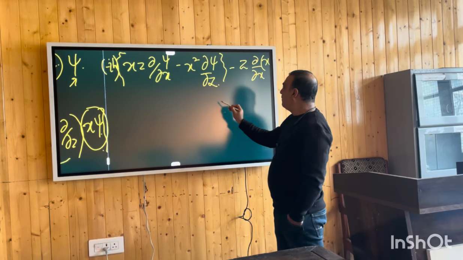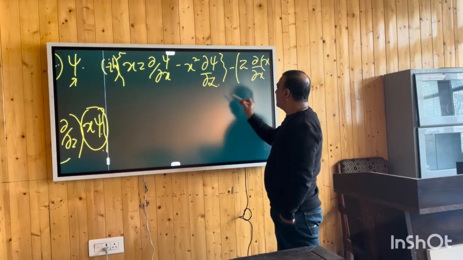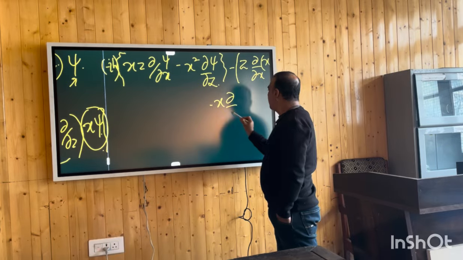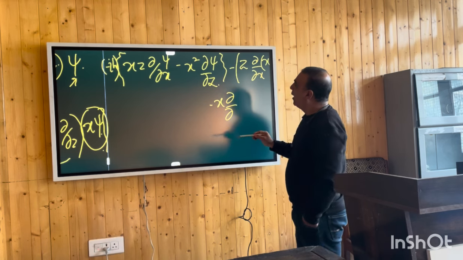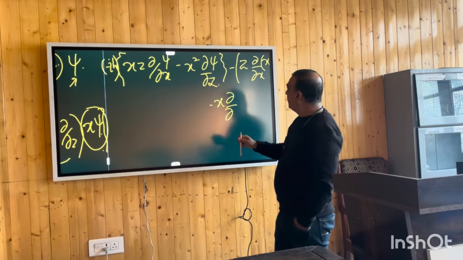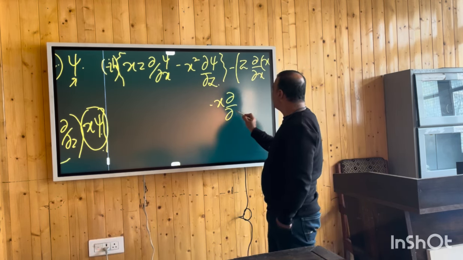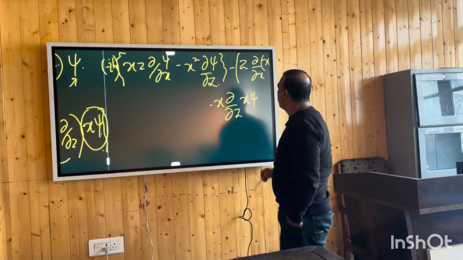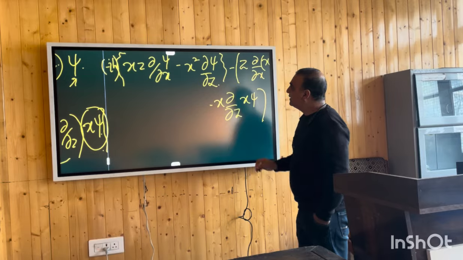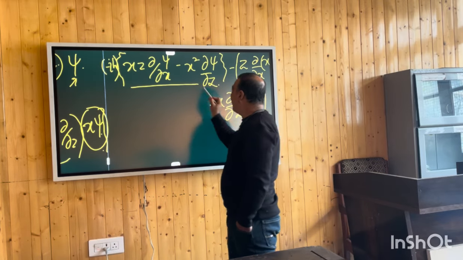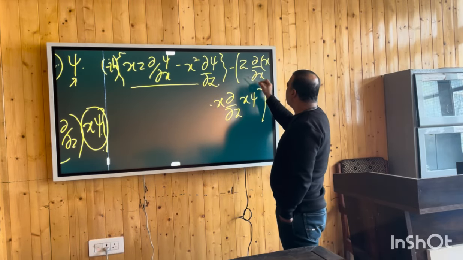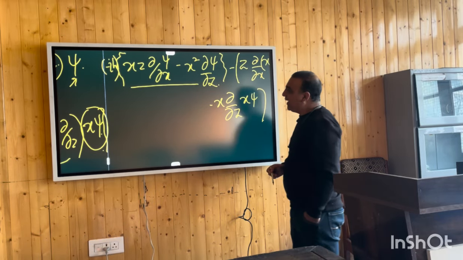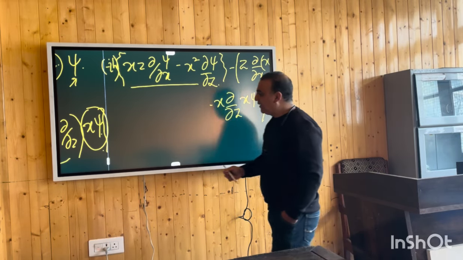So you'll have this minus out, minus x dou by dou z of x psi. Right? This term I will keep here, and we understand that this minus is outside the parenthesis that we have here.